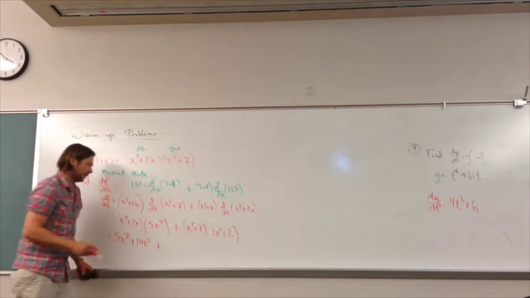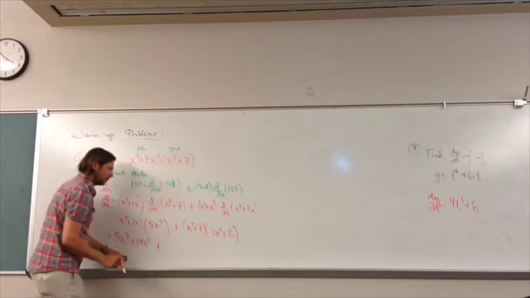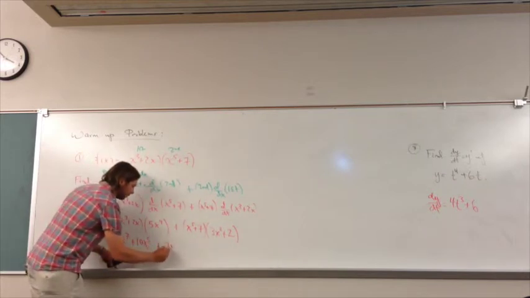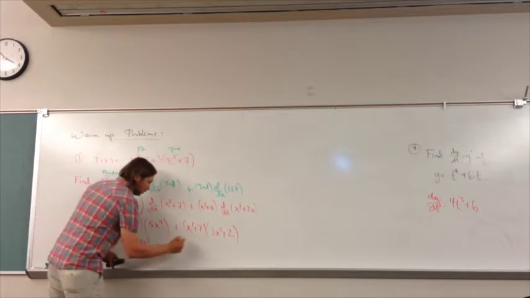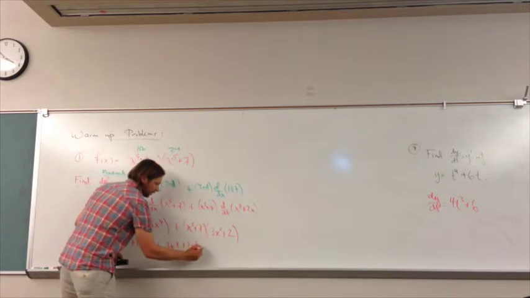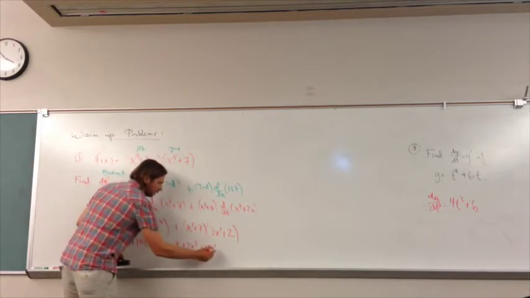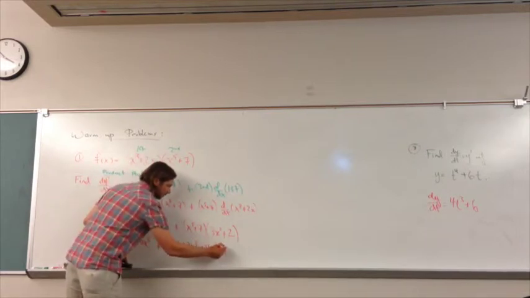And when I FOIL that, I get first is 3x to the 7th, and then outside is 2x to the 5th. Inside is 21x squared. And last is 14.